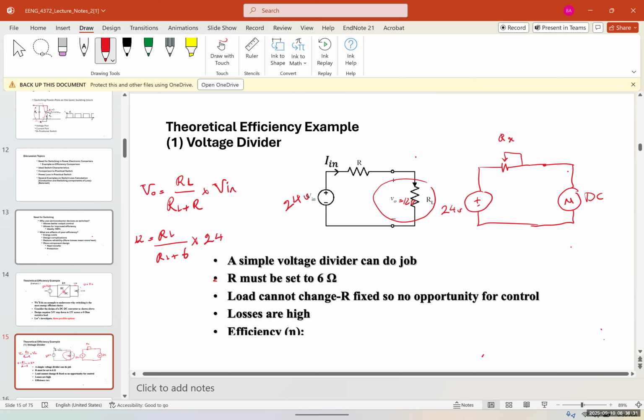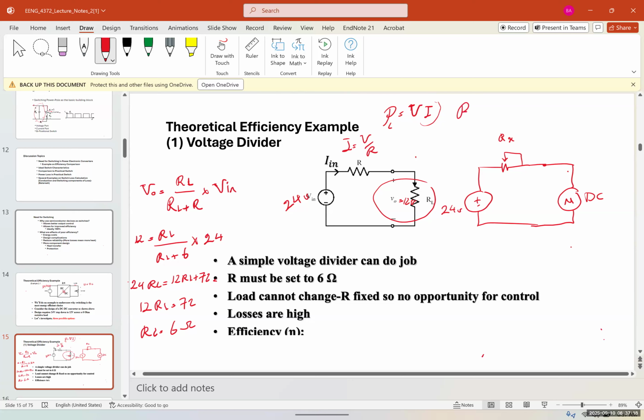Now let's find the power for the load. What is power for the load? The power equation is equal to VI. Am I correct? Or instead of I, I can use Ohm's law. I is equal to what? V over R. Am I correct?